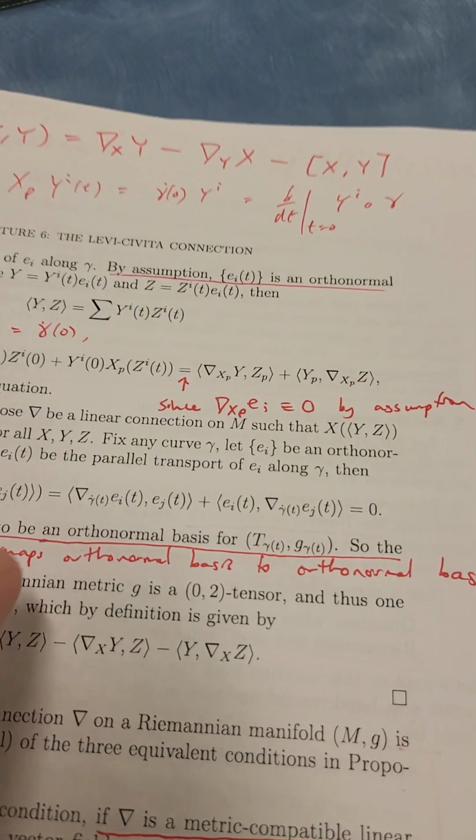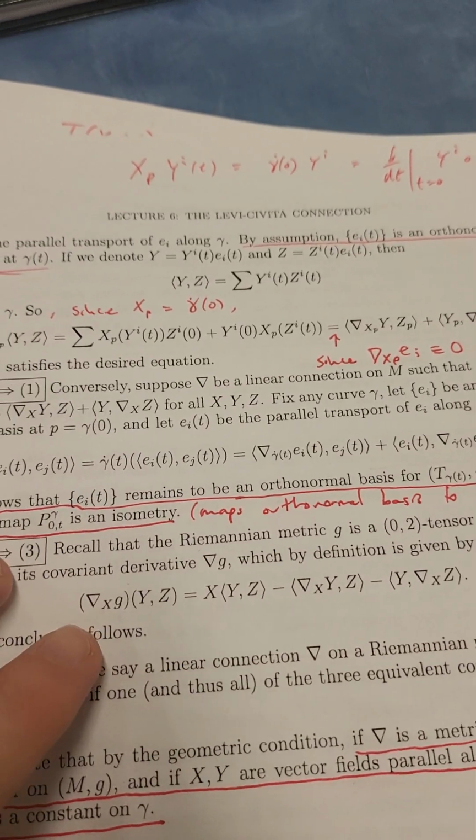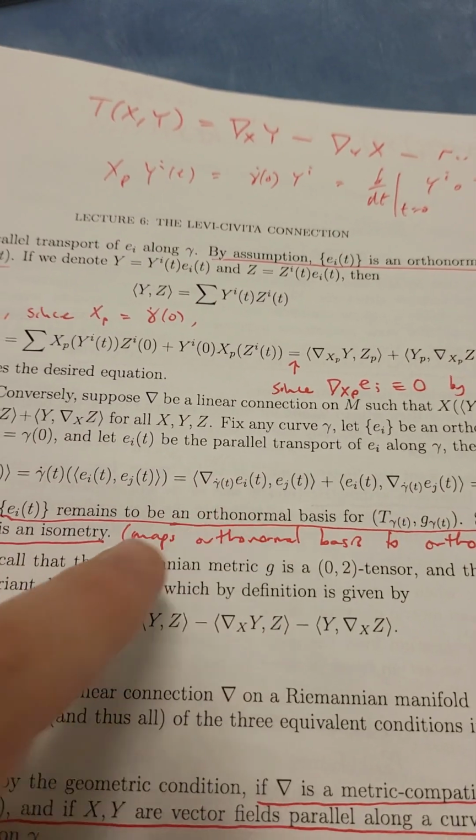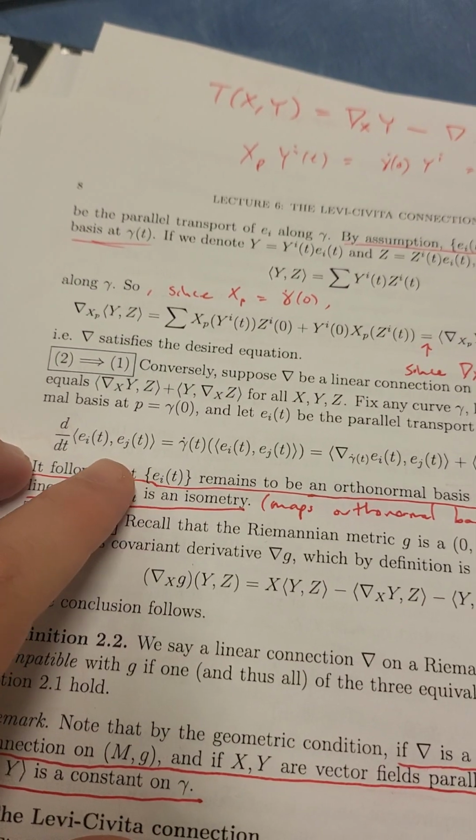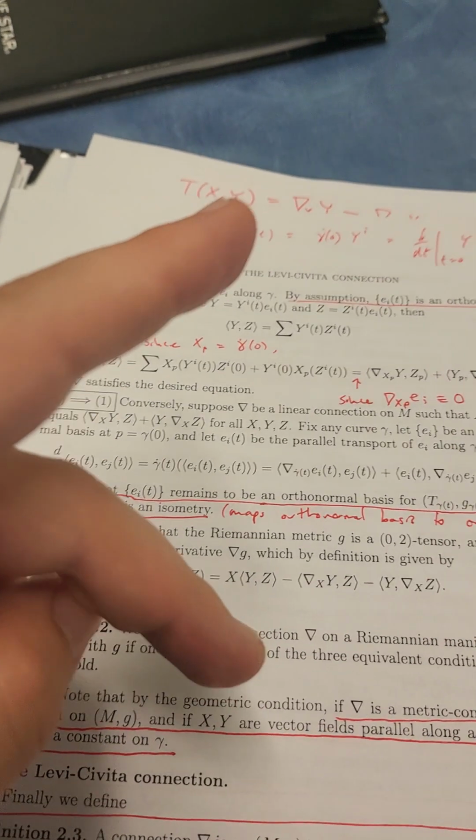So in particular, we're going to end up with this expression equals 0 because these vectors e_i of t are being parallel transported. So what that means is that the inner product between these orthonormal basis vectors is unchanging. As this orthonormal basis is parallel transported along the curve, it remains orthonormal.